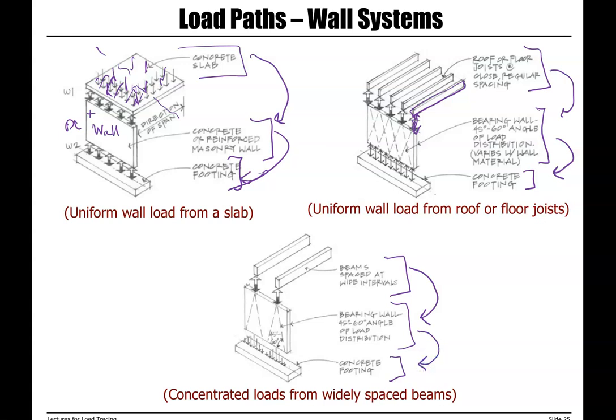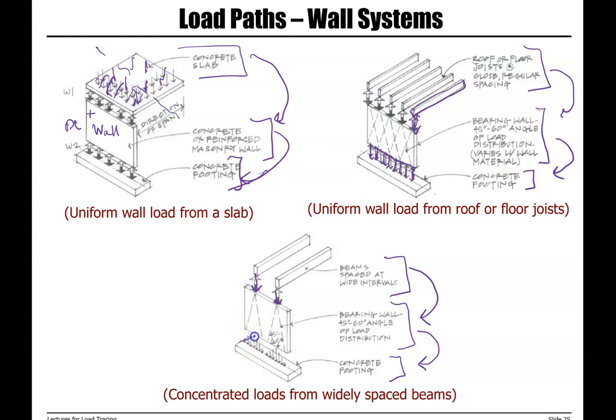But there is a difference between when we have beams spaced at wide intervals compared to when we have joists at close regular intervals. You see here we have a uniformly distributed load transferred to the footing, but when we have beams spaced at wide intervals, we have a higher concentration of load where beams are sitting on the bearing wall.